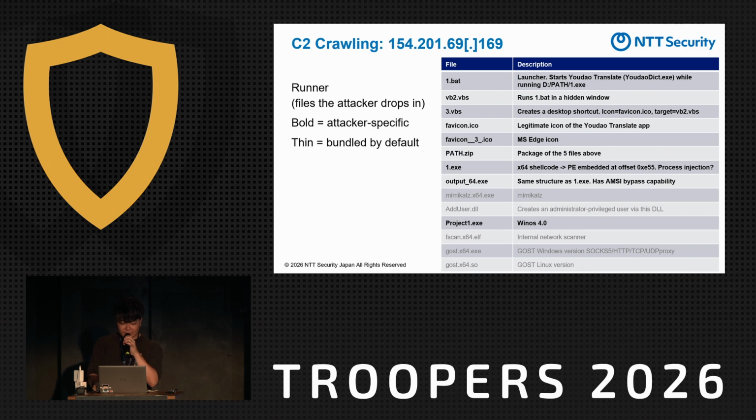The payload includes executables that appear to support shellcode execution and possibly MSI bypass techniques, along with tools such as Mimikatz, administrator account creation DLLs, internal network scanners, and proxy tools like Ghost. These components indicate full operational capability, including lateral movement and persistence.